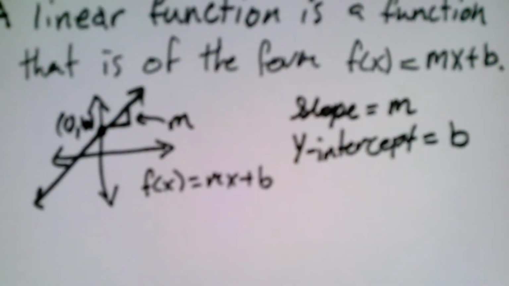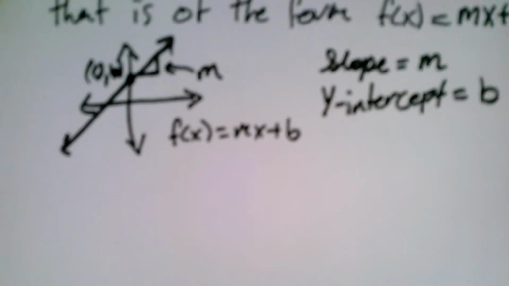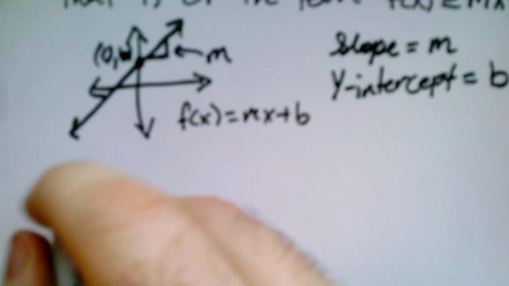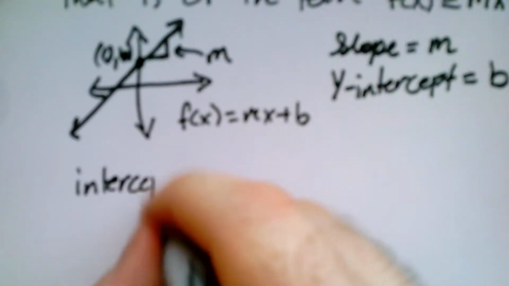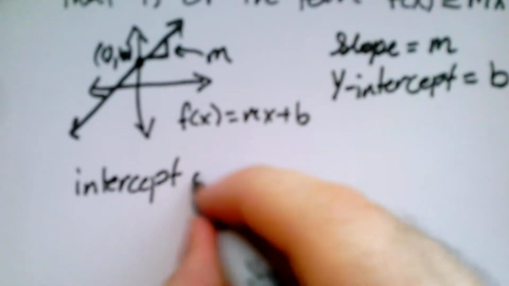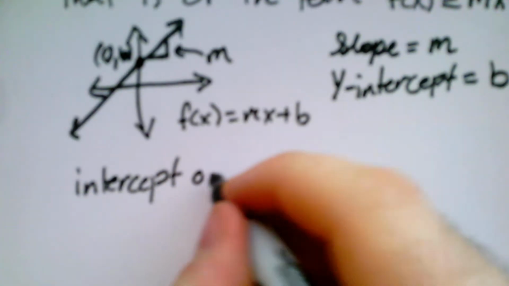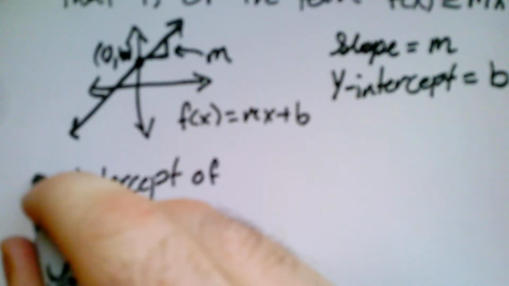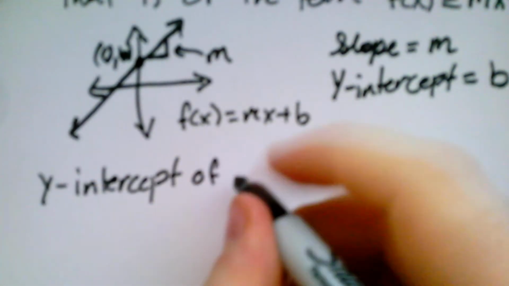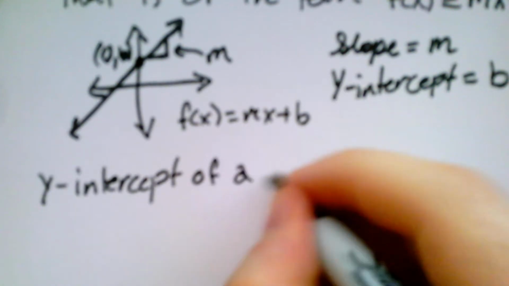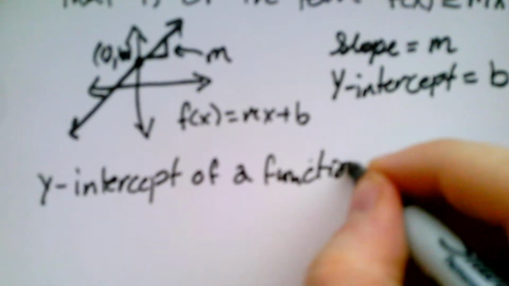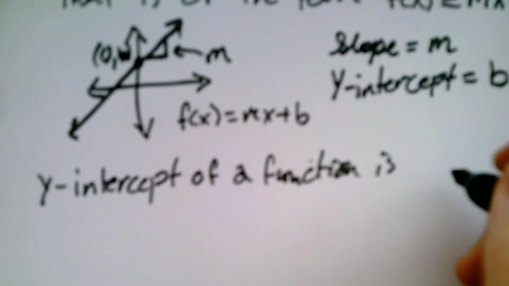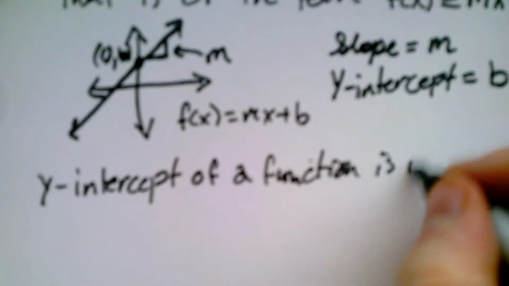Now, we're going to have to define what an intercept is. The y-intercept of a function is the point where it crosses the y-axis.